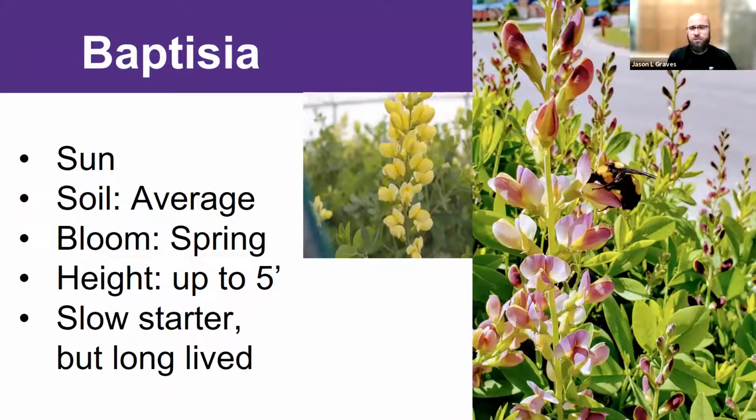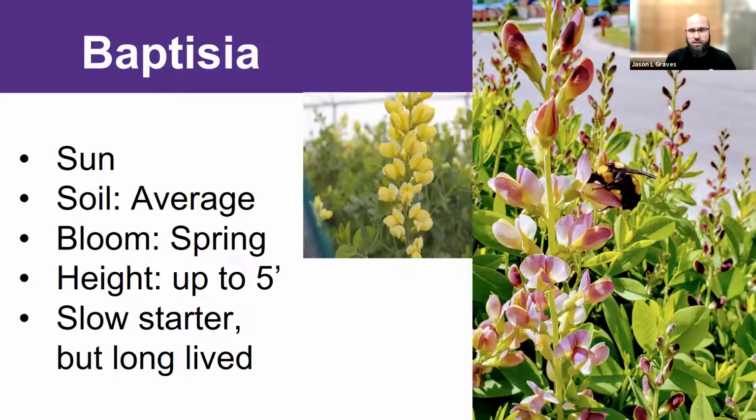A lot of folks are familiar with Baptisia, which is a great plant for pollinator land, for spring pollinator support. It's a full sun plant typically, and can get pretty good size once it gets established. The key to this plant is it's slow to establish. So you've got to have some patience, but we've used this plant a lot in our gardens.